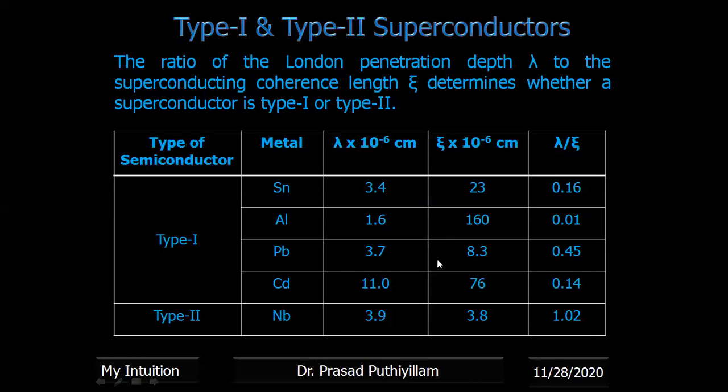Lead is 3.7, 8.3 and 0.45. Cadmium 11, 76 and 0.14. Niobium is an example of an elemental type 2 superconductor. Its lambda value is 3.9, psi value is 3.8 and the K value is above 1, that is 1.02.